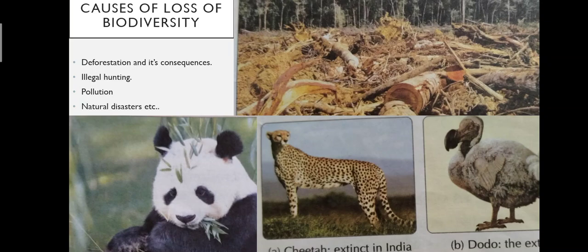What is deforestation? The clearing of forest by cutting down forest trees over a wide area is called deforestation. Why does deforestation take place?